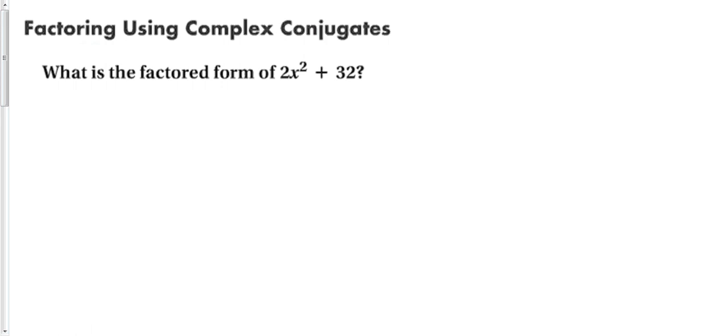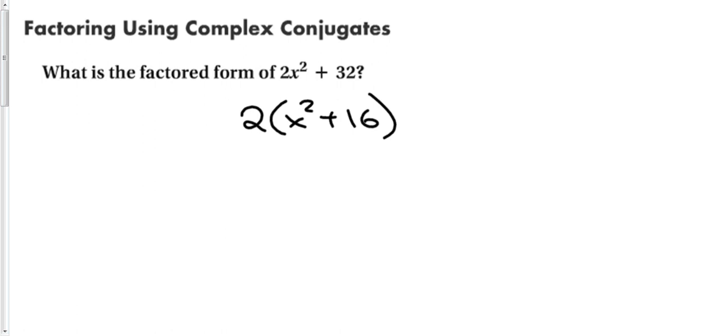So we can use this idea to also help me factor. First, before we even start to factor this, I should realize that I can factor out a 2 to give me x squared plus 16. Now, that is the sum of squares. The sum of squares factors kind of like the difference of squares.